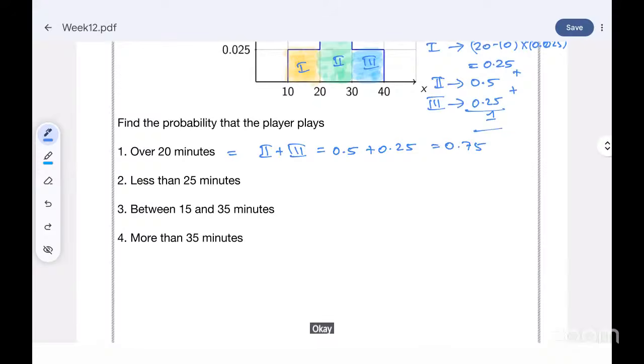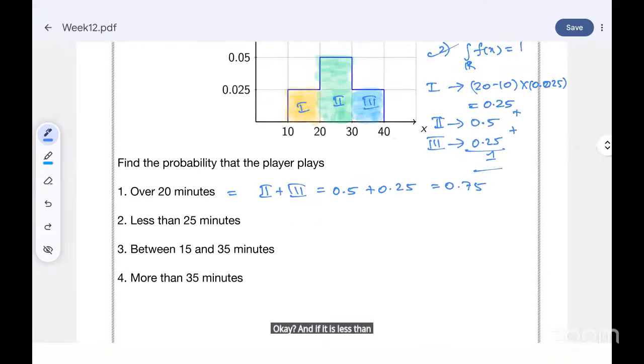And if it is less than 25, we can write it in this way. 25 is half of this second part. So in that way, it will be 0.25 plus 0.5 by 2, again 0.25. So total is 0.5. Okay. What about between 15 and 35?